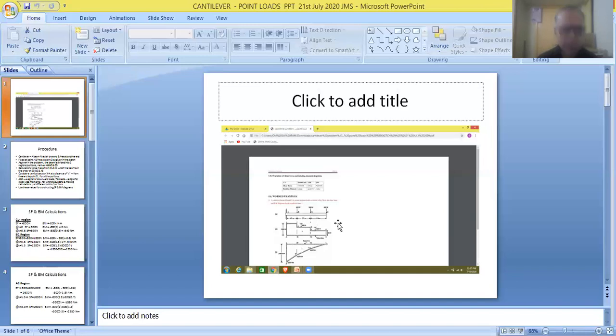And finally, as already shown in the figure, one more load of 800 newtons is acting at the free end of the beam.